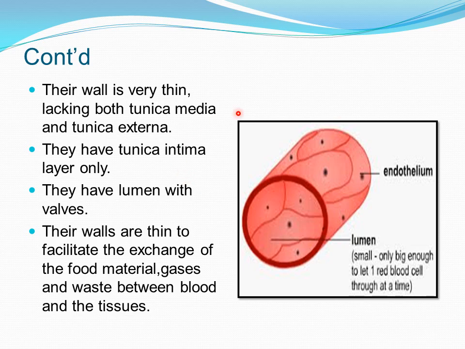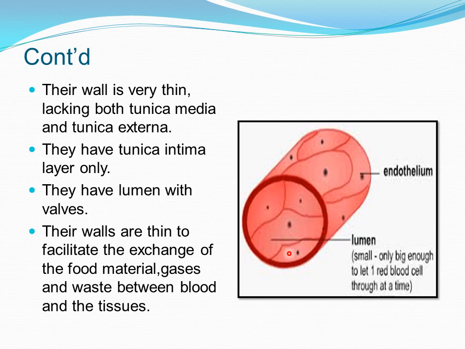Now in this continuation of the structure of capillaries, we can see an image of a capillary, and here we can see that it does not have the outer 2 layers, that is, it is lacking tunica media as well as tunica externa. I think you remember that both the veins and the arteries had prominent tunica media and tunica externa.